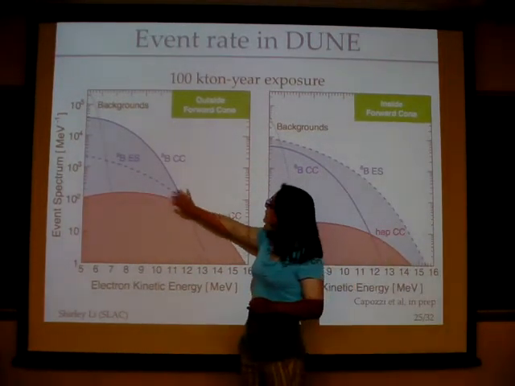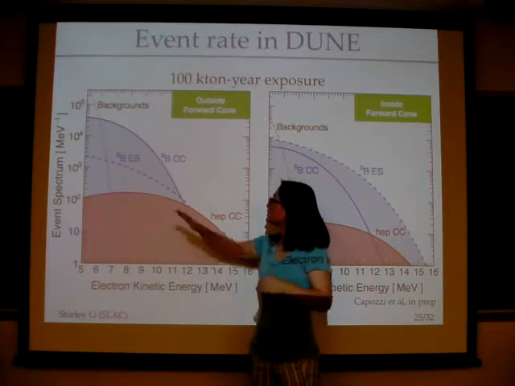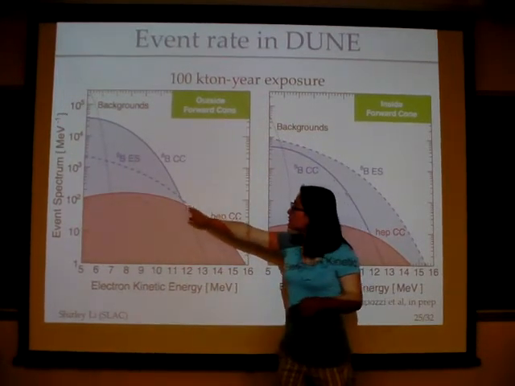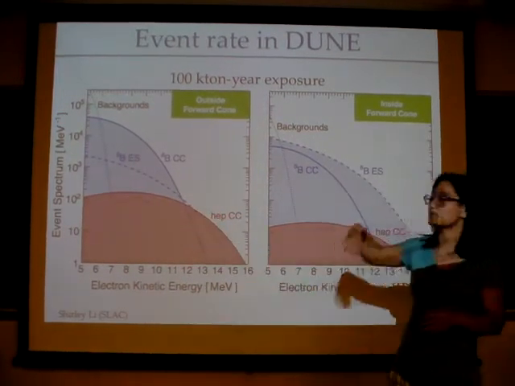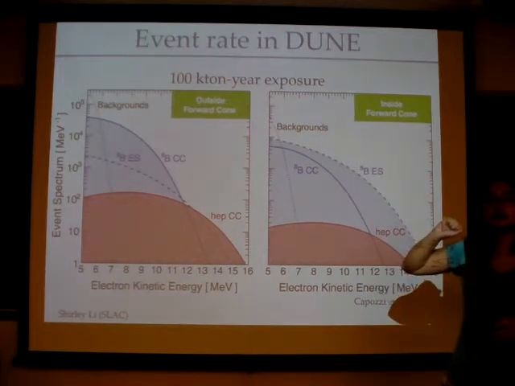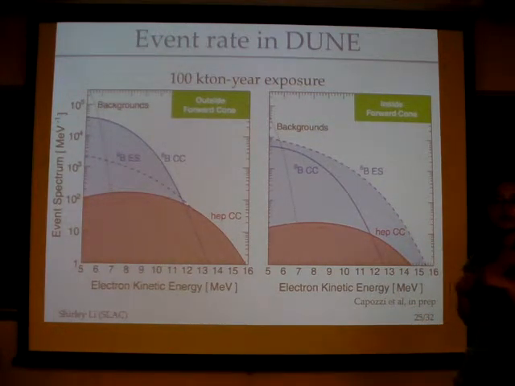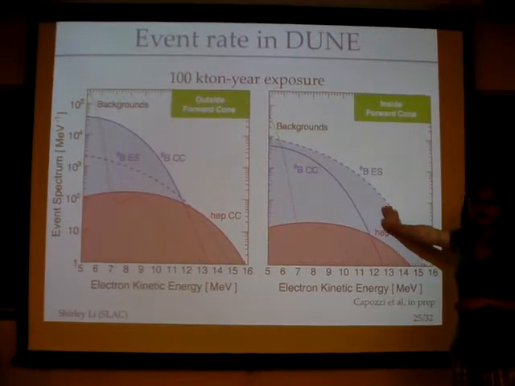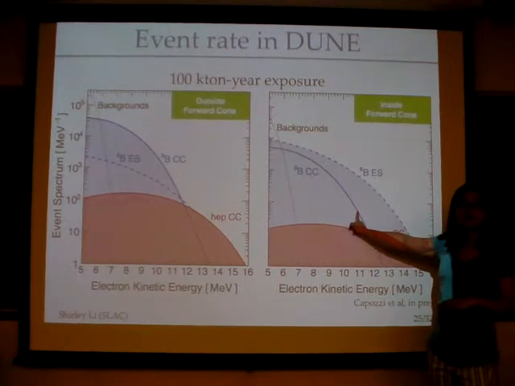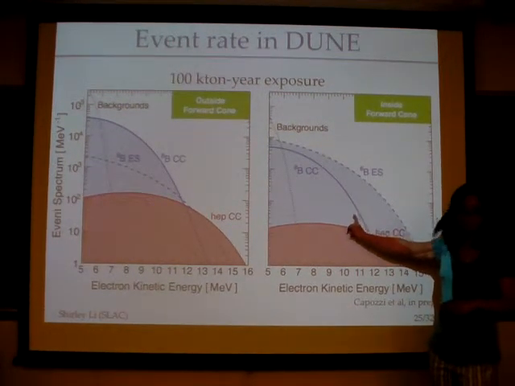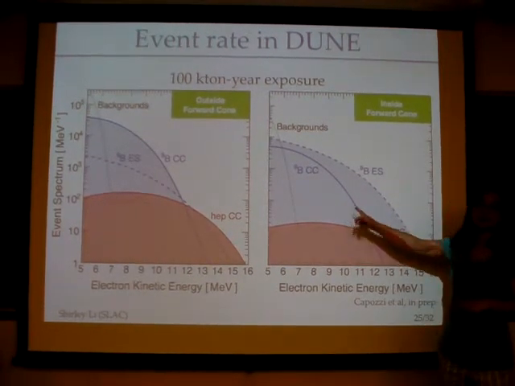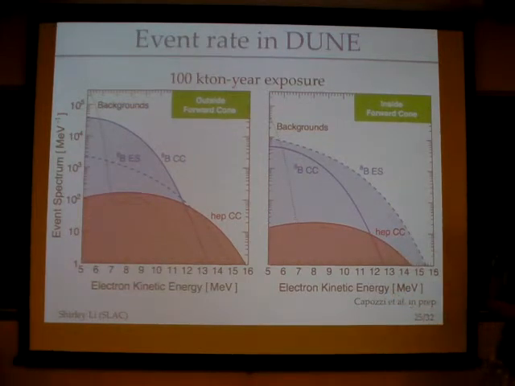And I guess in the isotropic part, electron scattering probably is less of a concern as background for charge current. Right, so that's the separation we assume. But inside the 40 degree cut, you still have charge current, you cannot remove it. Right, and that's taken into account in terms of background.